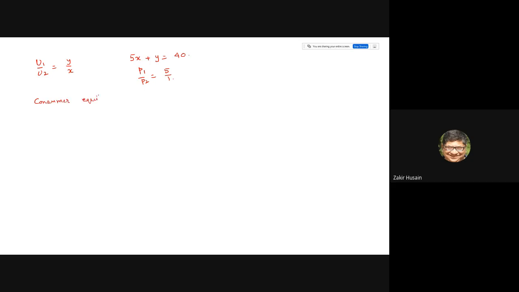So the consumer equilibrium is y by x equal to 5/1, or y is equal to 5x. Okay, so if we substitute, we get 10x equal to 40, তাই তো?